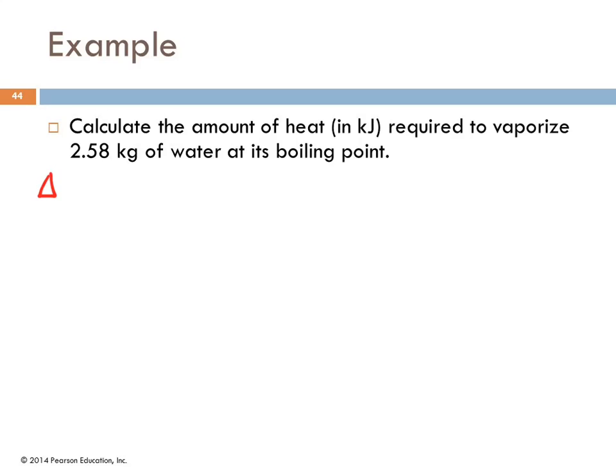Delta H of vaporization is 40.7 kilojoules per mole. So we're looking for the amount of heat in kilojoules to vaporize 2.58 kilograms of water.